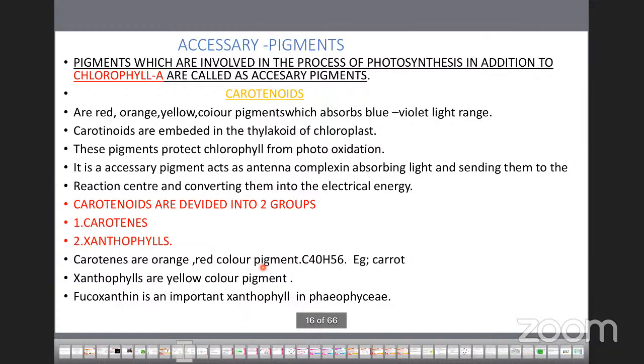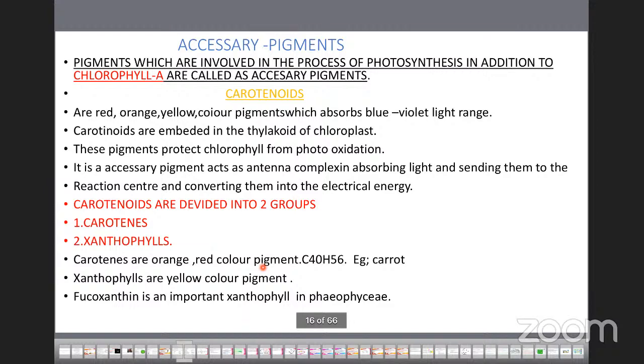The next one is xanthophylls. Xanthophylls are purely yellow color pigments. Examples are the lemon fruit, which is yellow in color, and leaves, which after crossing their age limit turn yellow.